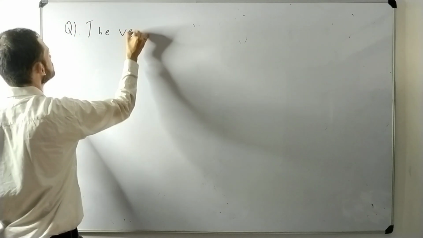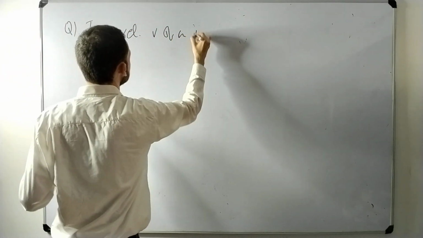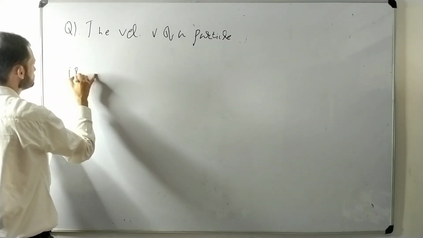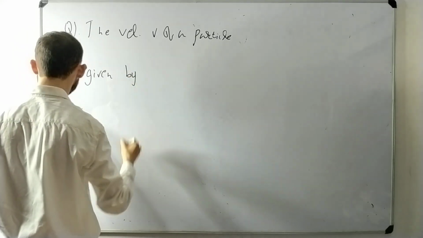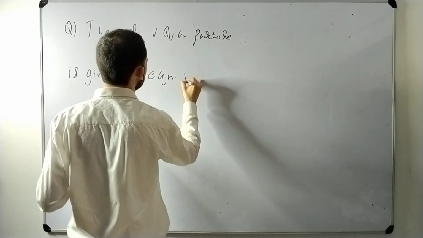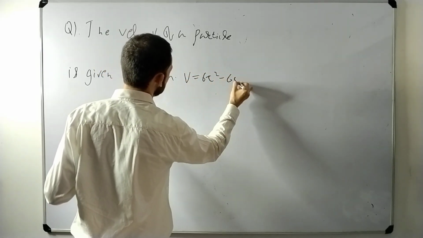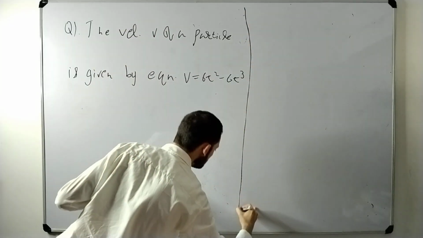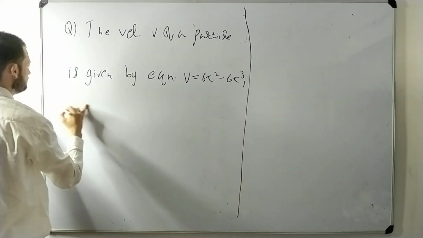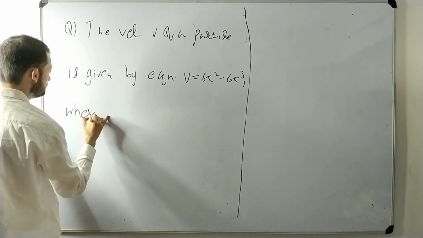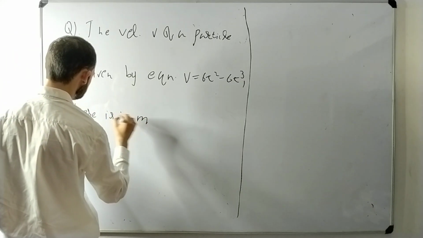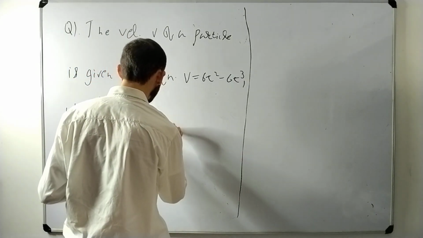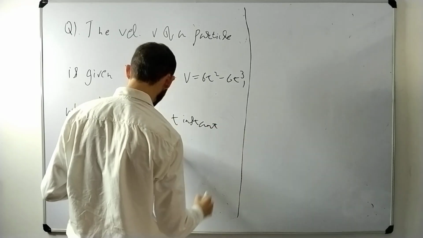The velocity v of a particle is given by the equation v = 6t² minus 6t³, where v is in meter per second and t is instant of time.